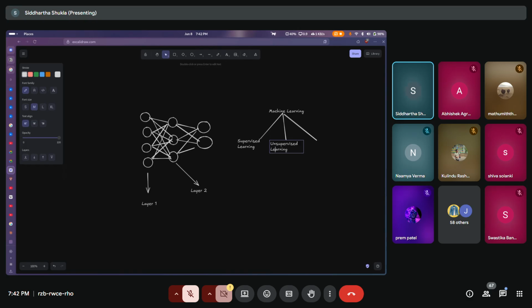And then we also have reinforcement learning.